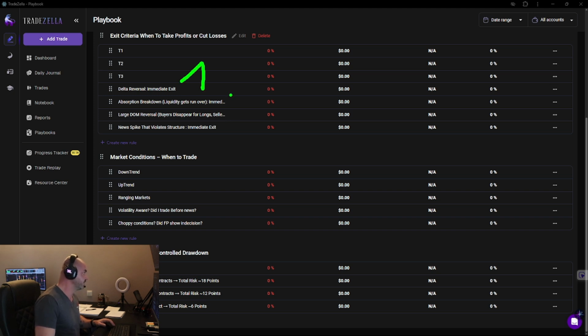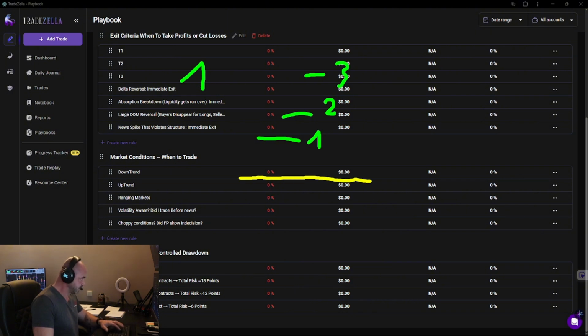Boom. With the full 3 contracts, so the full line in the sand. We take 1, 2, and 3 contracts. Our stop will be at the line in the sand with a maximum of 6 points per contract.